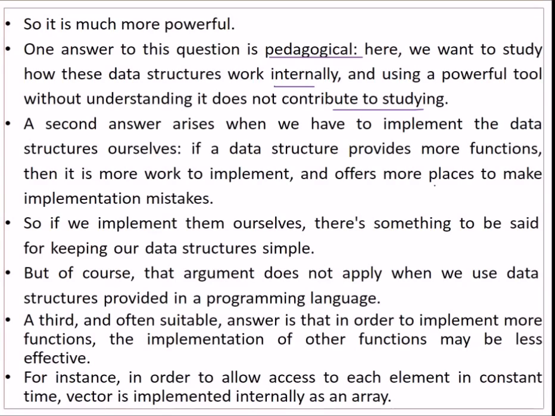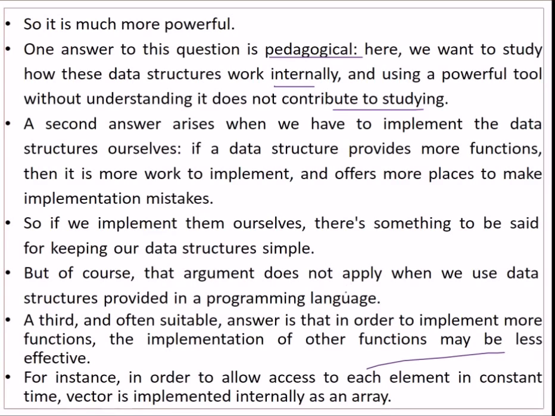The second argument could be that we have to implement the data structure ourselves, right? So if we implement them ourselves, there's something to be said for keeping our data structure simple. But that argument does not apply when we use a data structure provided in a programming language. And a third, often suitable answer to the question of why we are not using a single structure for all these stacks and queues, is that in order to implement more functions, the implementation of other functions may be less effective.